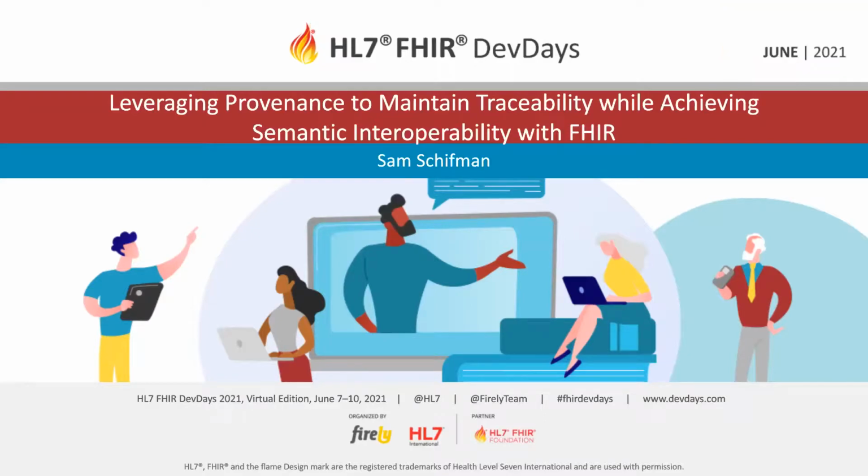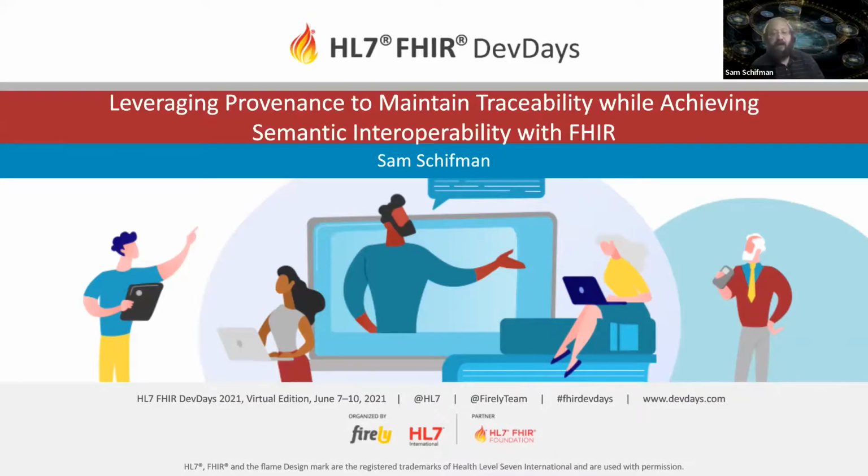The next question in the Q&A is from Brett Marquardt, who asks, when you say the provenance points to the original, is that a CDA entry or a transform to a FHIR resource before enrichment? So it'd be a FHIR resource that was created off of the CCD entry before any enrichment is done.